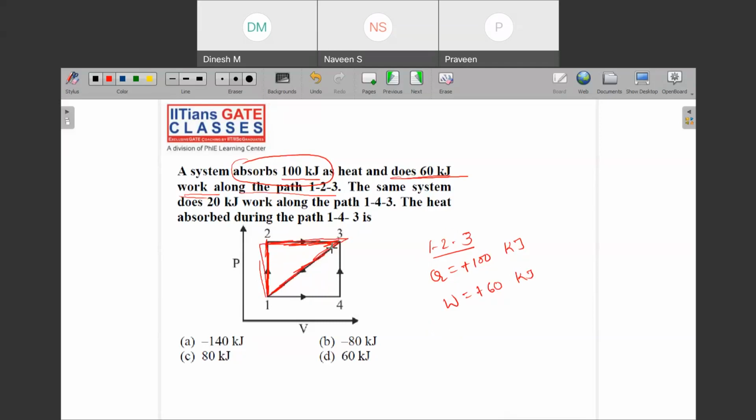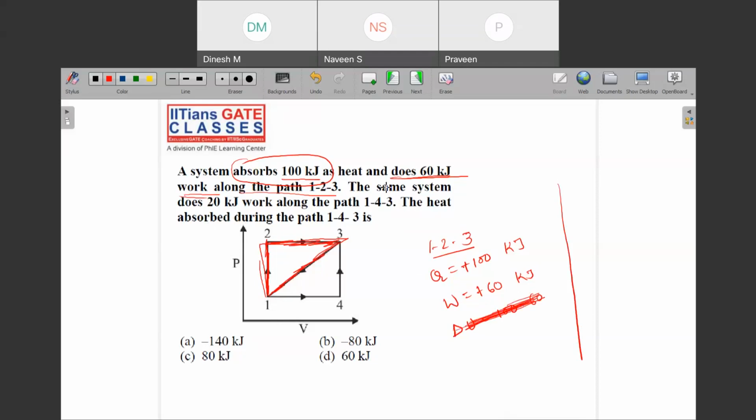So can you say that the delta U in this whole cycle is 100 minus 60? See, let us not complicate this one. We will see that there's an interesting phenomenon in this one.